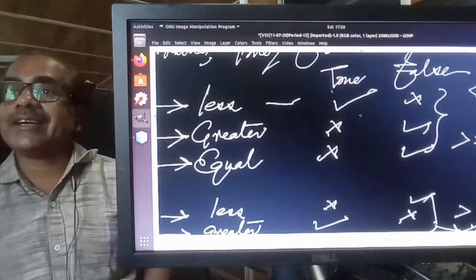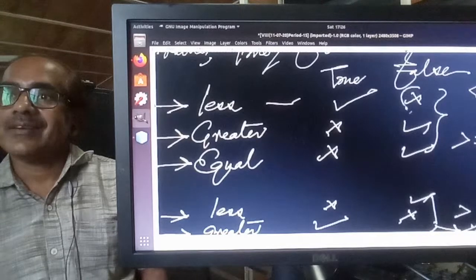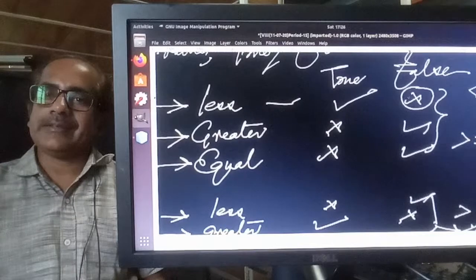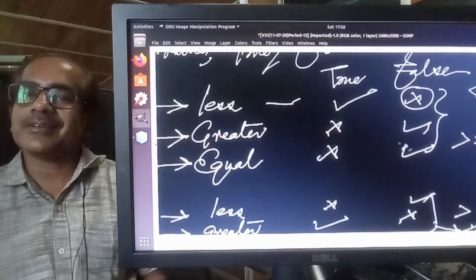When less is declared false, I have said that less is false, then there is the possibility of only greater or equal to become true.